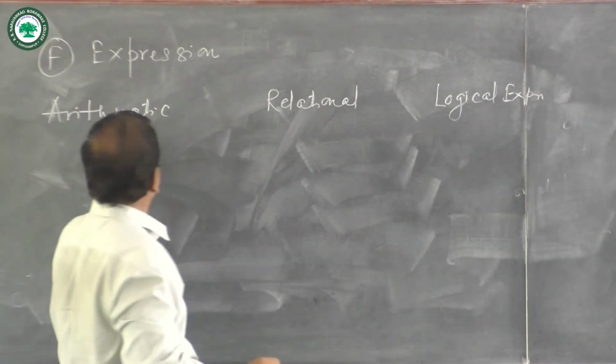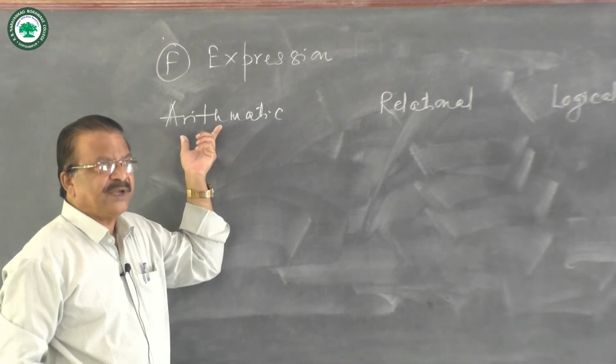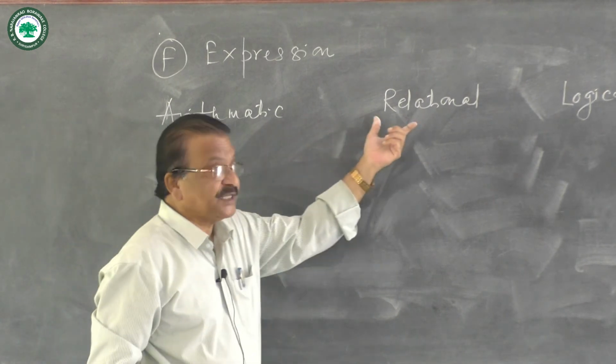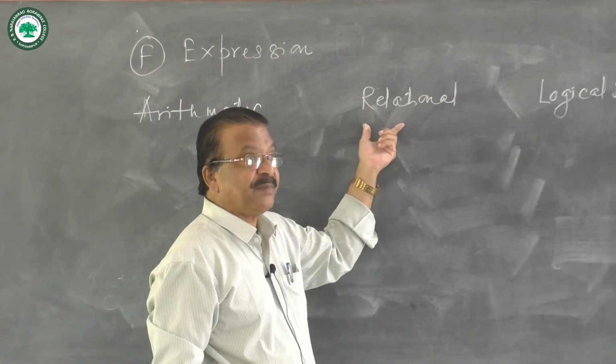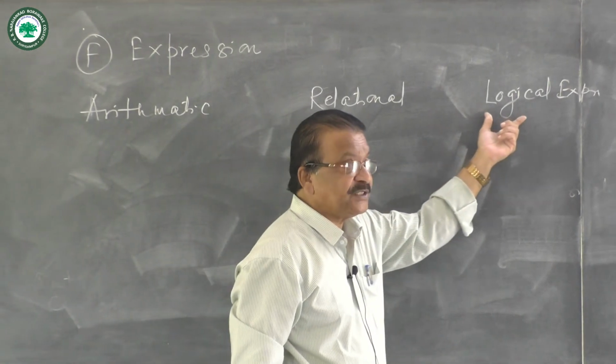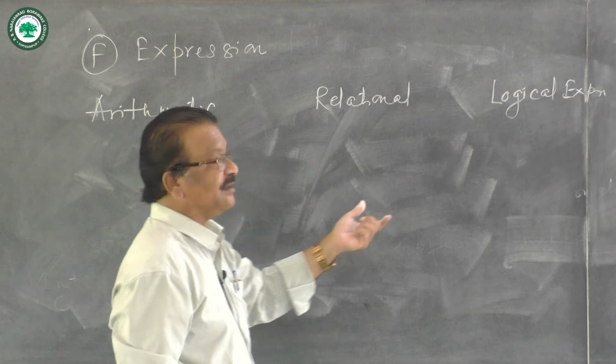As the name indicates, an arithmetic expression is one in which we are making use of arithmetic operators. A relational expression is one in which we are making use of relational operators. A logical expression is one in which we are making use of logical operators.